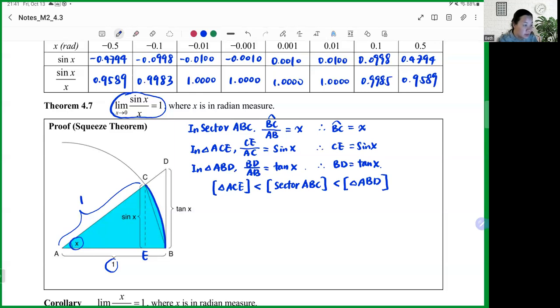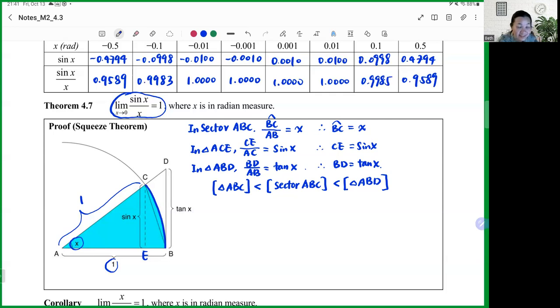Okay? Now, when I express them, the first triangle, sorry, I made a mistake. Not ABE. ABC. Triangle ABC is smaller than sector ABC, smaller than triangle ABD.